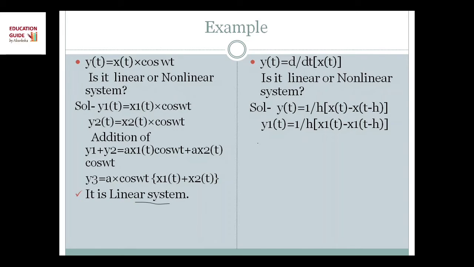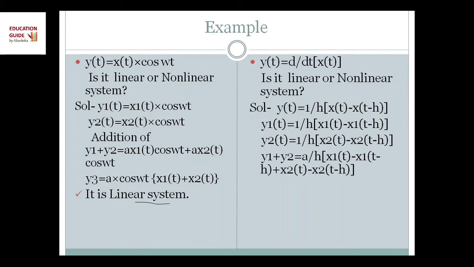Similarly, we put y2(t) = 1/h [x2(t) - x2(t - h)]. So we add y1(t) + y2(t) = a/h [x1(t) - x1(t - h) + x2(t) - x2(t - h)].